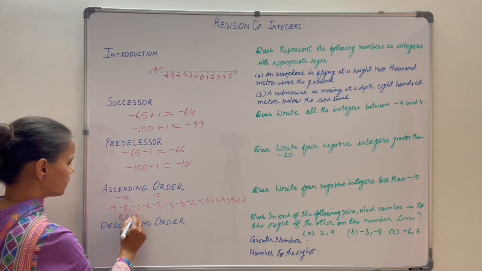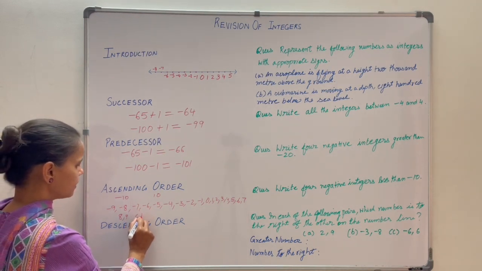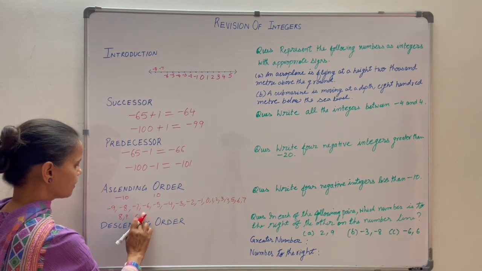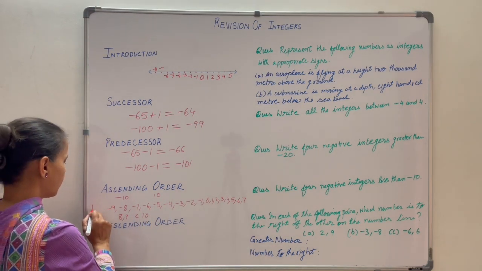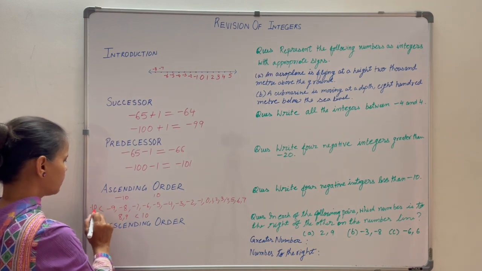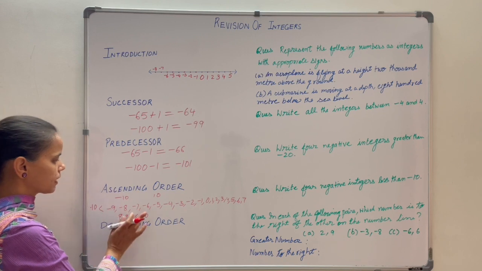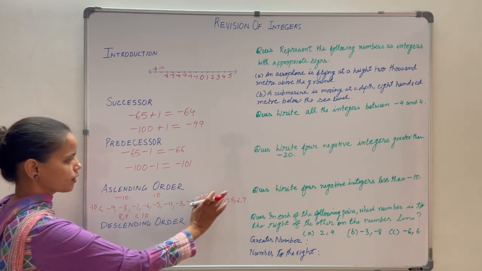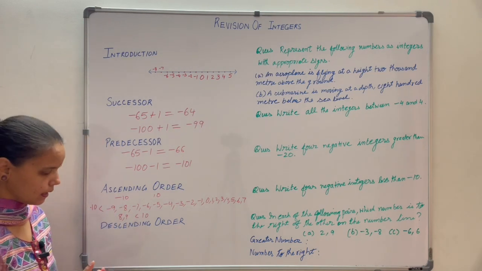All these numbers are less than 10 and greater than -10. So we have arranged in ascending order from -9 to +9.